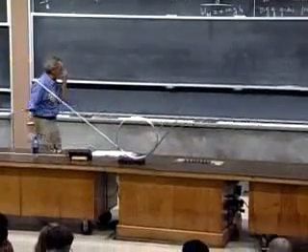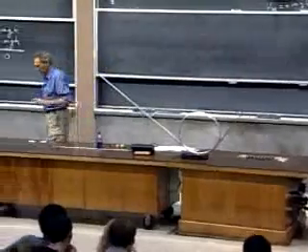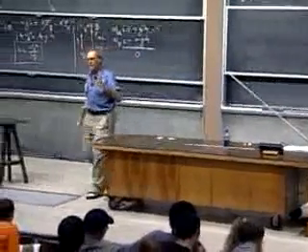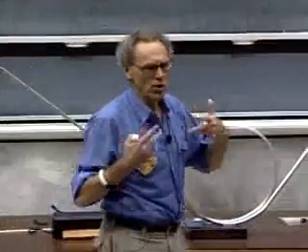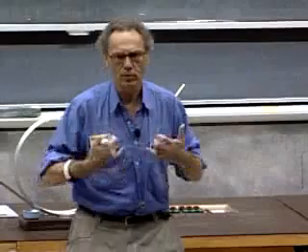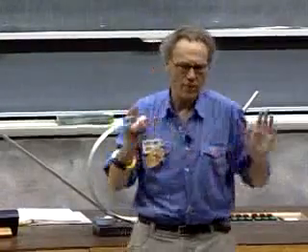Let me first give you the formal definition of gravitational potential energy. The formal definition is that the gravitational potential energy at a point P is the work that I, Walter Lewin, have to do to bring that mass from infinity to that point P. Now you may say that's very strange that in physics there are definitions where Walter Lewin comes in.